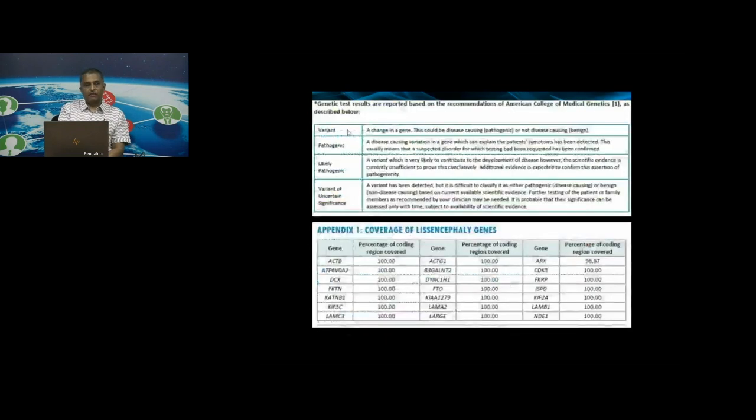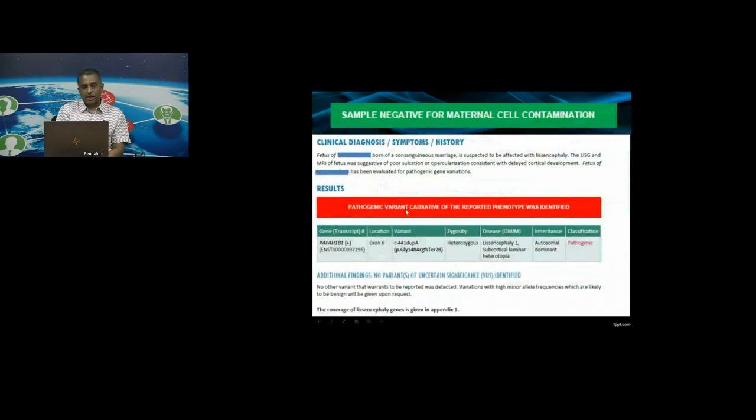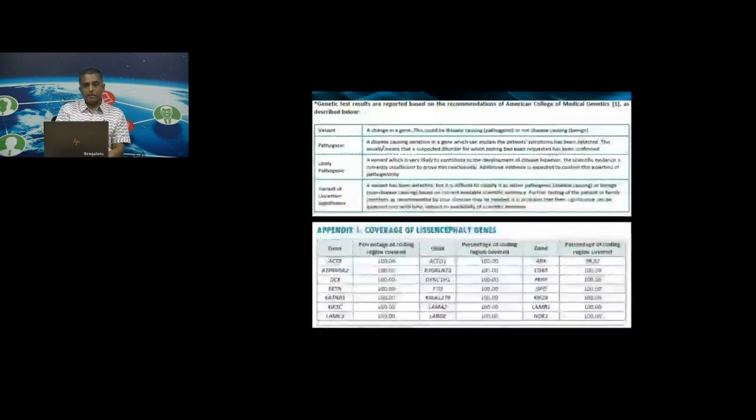Now, what is a variant? A variant is a change in a gene. A variant could be pathogenic, likely pathogenic, or a variant of uncertain significance. In our case, if I were to go back, it is a pathogenic variant, which means a disease causing variation in the gene which can explain the patient's symptoms.